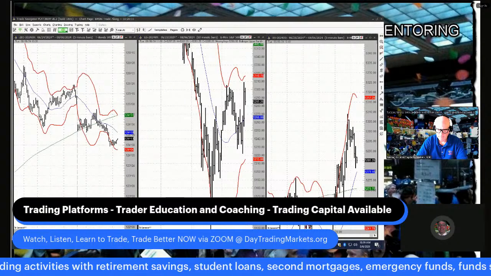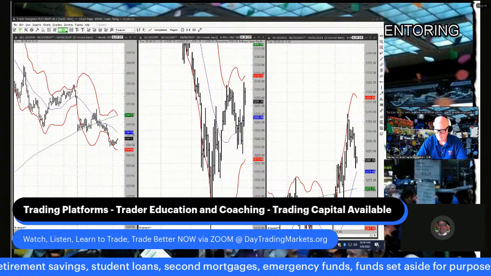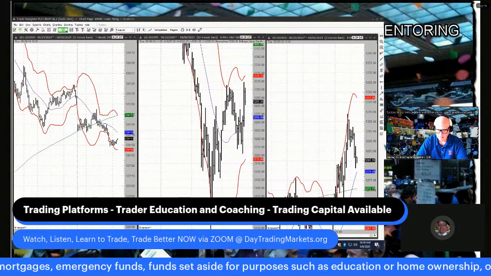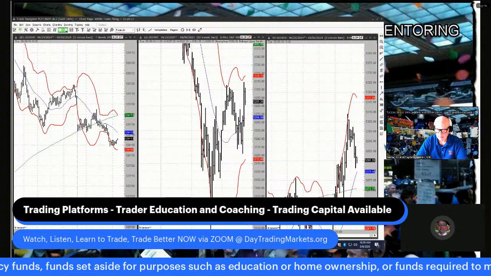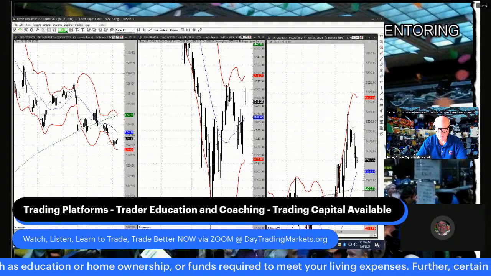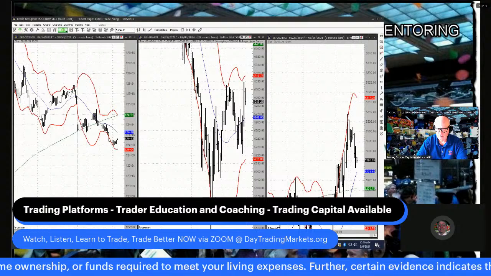But the key is you need to have markets that move up and down, because in this case, you can make money trading the S&P 500 E-mini when the market is going up and down. And you can drop money into your account based on your trading expertise.